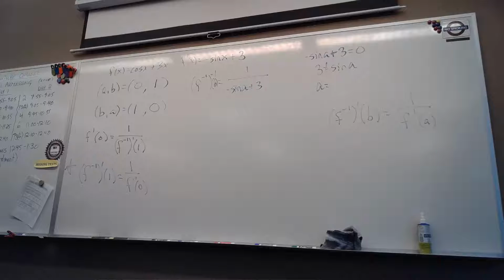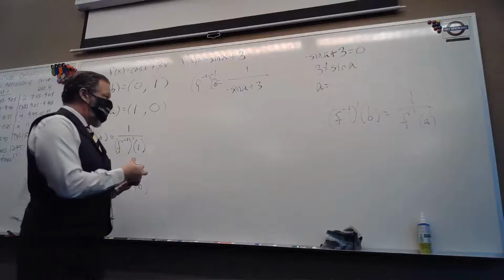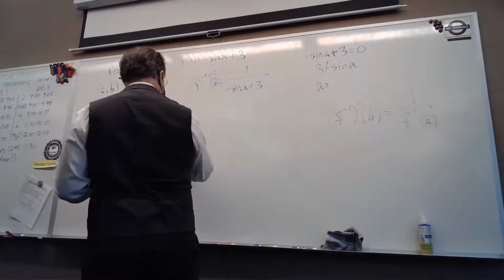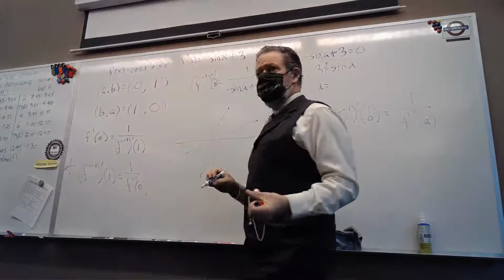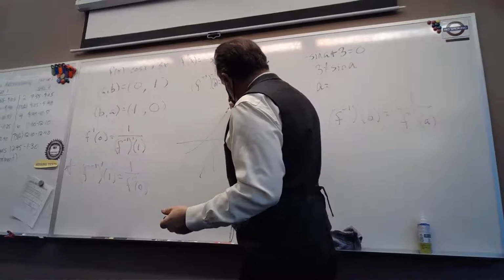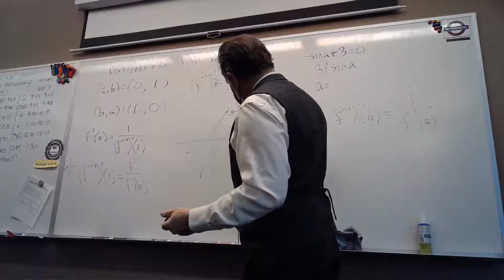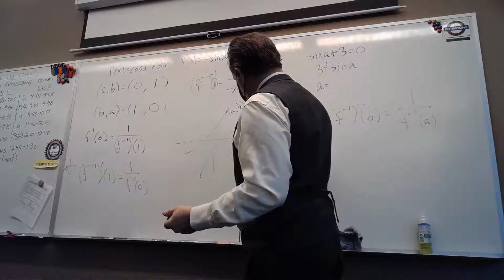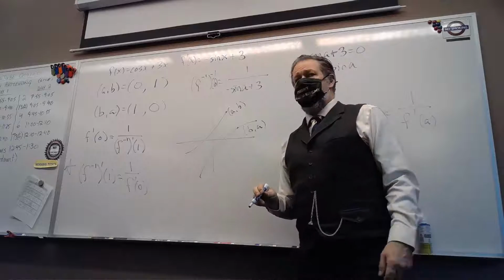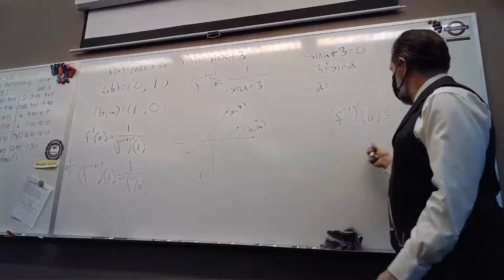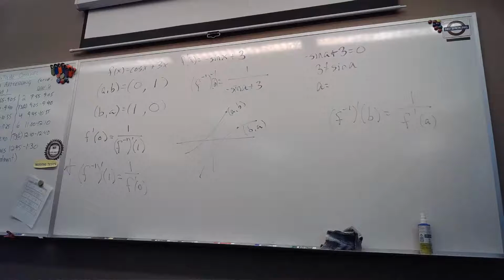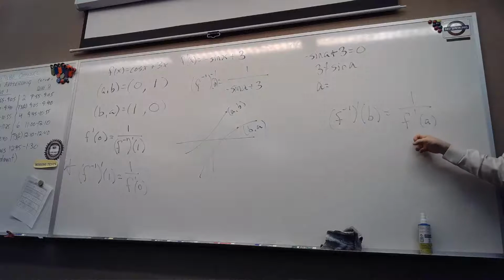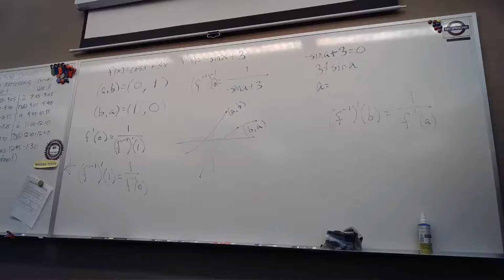And I think really the way to think about this problem is to visualize two functions that are inverses of each other, visualize A and B, recognize that therefore the other one has a B and an A, and then go to this. So you have to do two things. You have to take the reciprocal of the original derivative, and you have to switch the points.